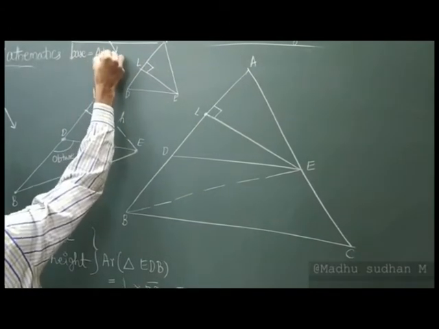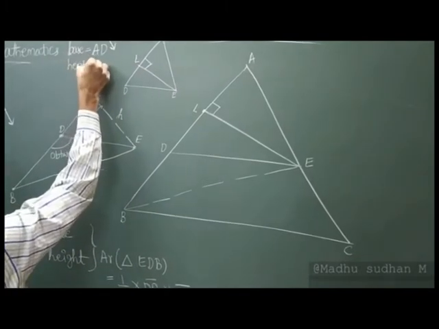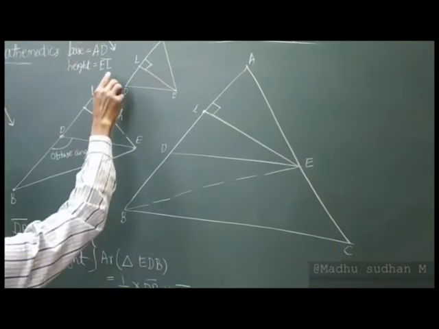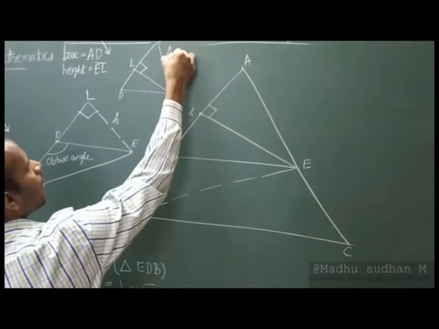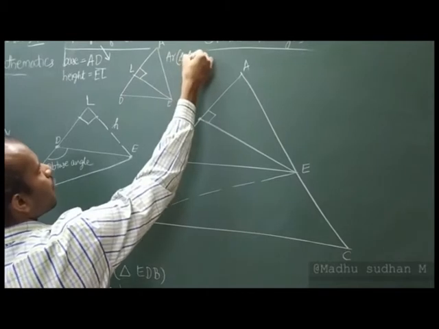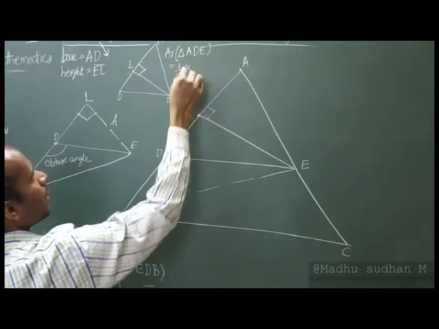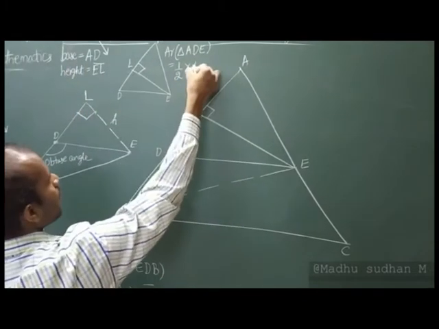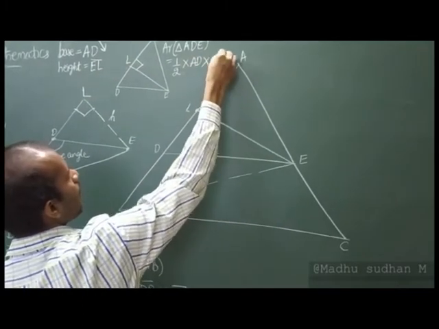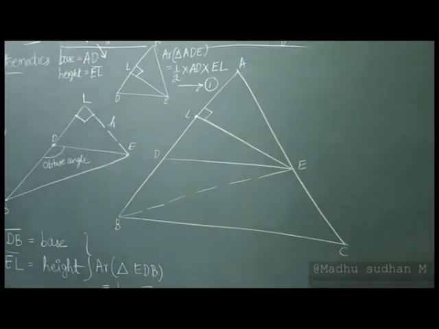So base AD, and which is the height? EL. So height is equal to EL. Followed children. So what is the area of this triangle now? Area of triangle ADE will be equal to half into base AD, and the height is EL. Follow it. So this will be my equation number 1.